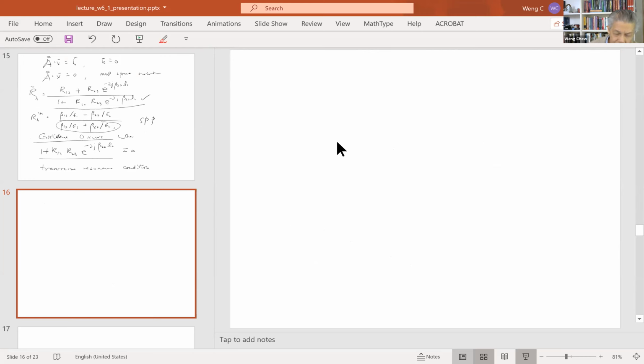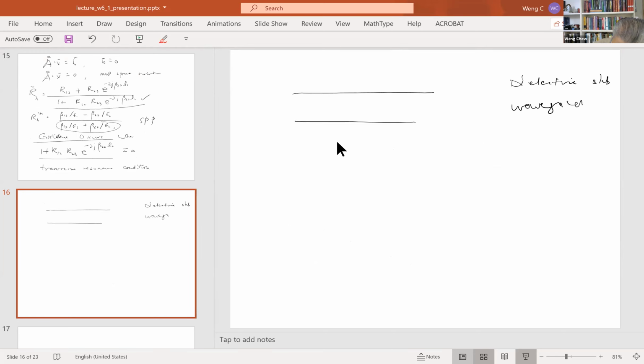So if you have a dielectric slab waveguide, for instance, one way to look for a waveguide mode is to think of this as a problem with an incident wave and a reflected wave.